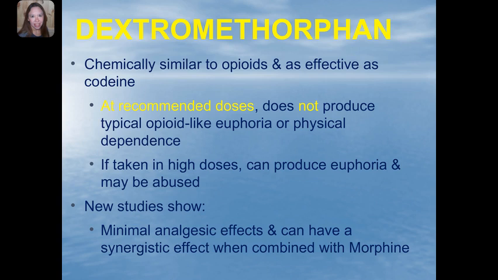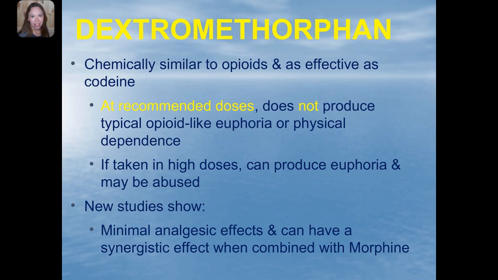We are seeing new research that's coming out where I know your drug guide says that dextromethorphan doesn't work as an analgesic, but the new research is showing that we are seeing a minimal analgesic effect when our patient is using the dextromethorphan. And remember, analgesia is going to be working on pain.